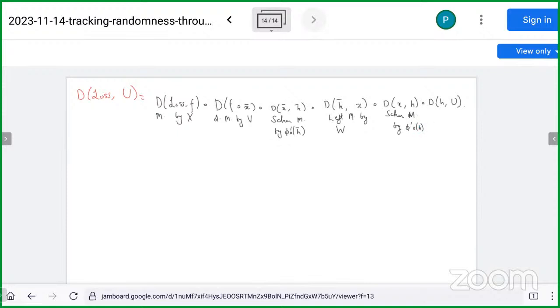So let me call this S, this one T. S. Sorry? Yeah, S bar and S maybe. Yeah, that's the easier one. And this one, what is this? This is multiplication by.